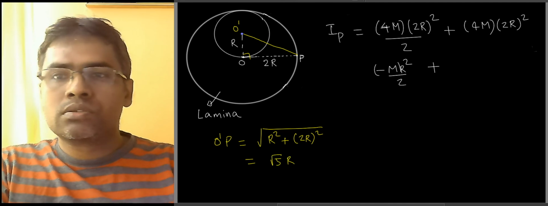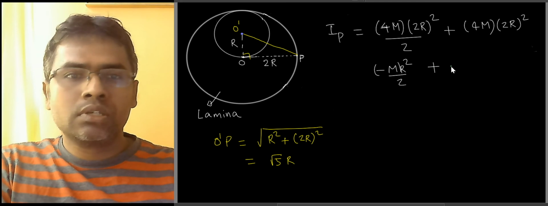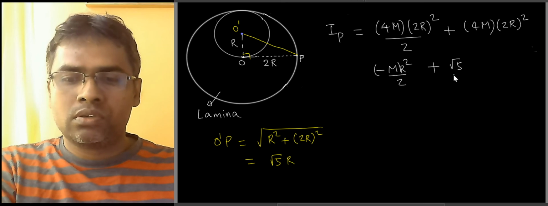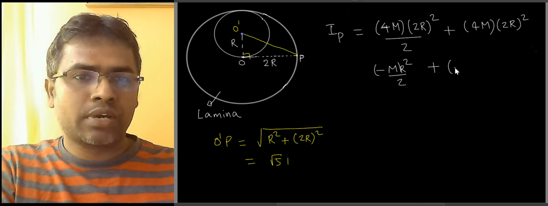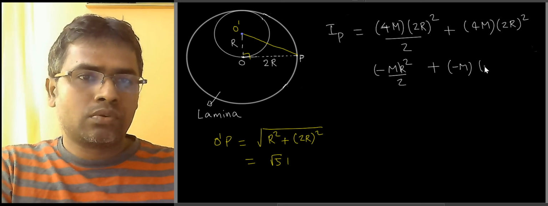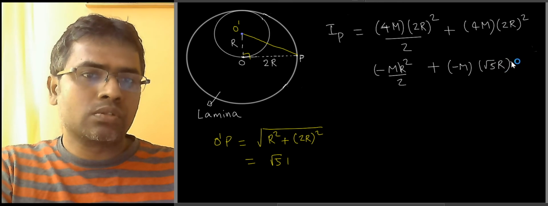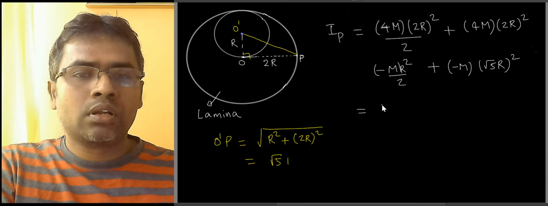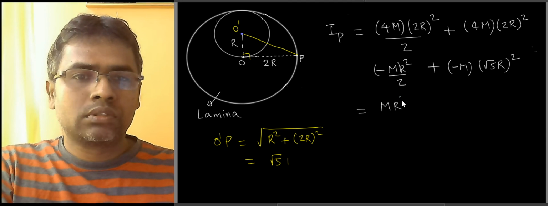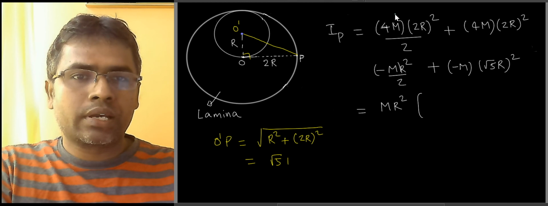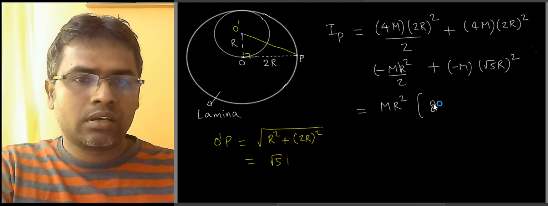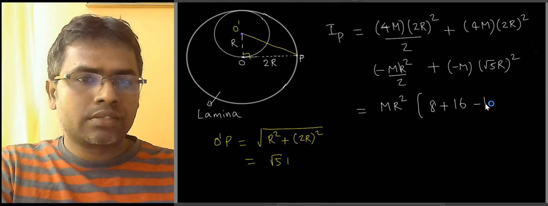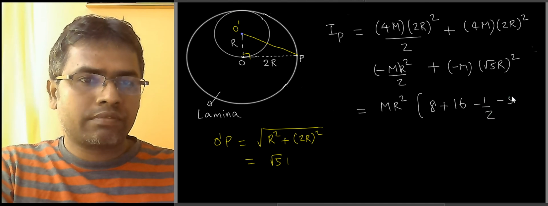Then substitute: minus m into root 5 r whole square. Now from each term we can pull m r square out, and the numbers look like this: in the first term you still have 8, and in the second term 16 minus half, then minus 5.